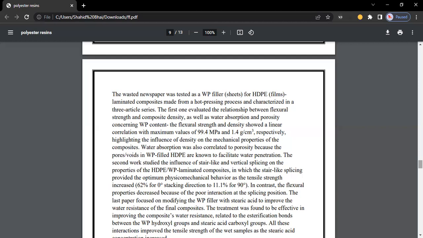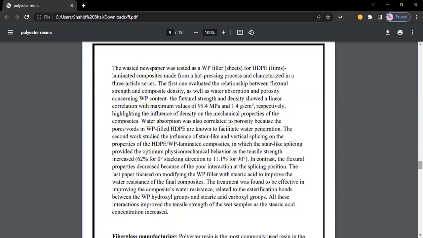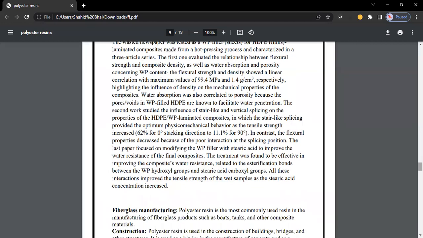The second work studied the influence of the stair like vertical splitting on the properties of the hard pin WP laminate composite, in which stair like splitting provides the optimum physiological behavior as well as tensile strength, increasing from 62% for 0 degree stacking direction to 11.1% for 90 degree. In contrast, the flexure property decreased because of the poor interaction of the stacking position.